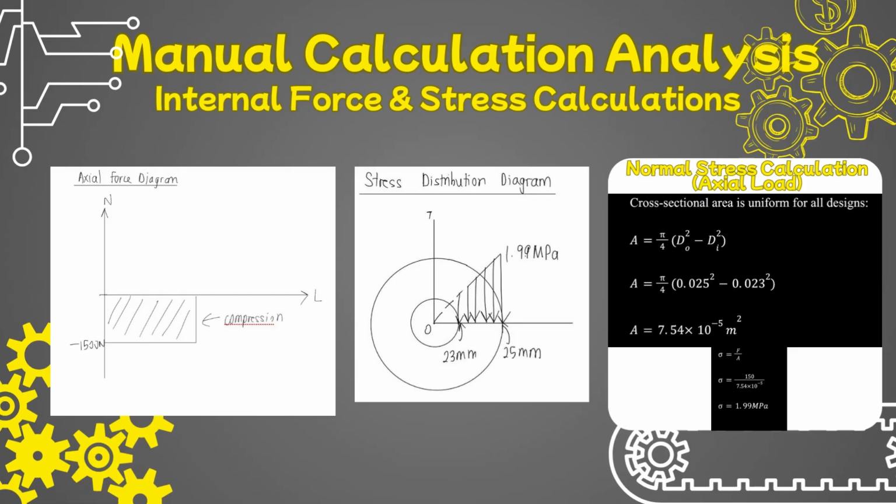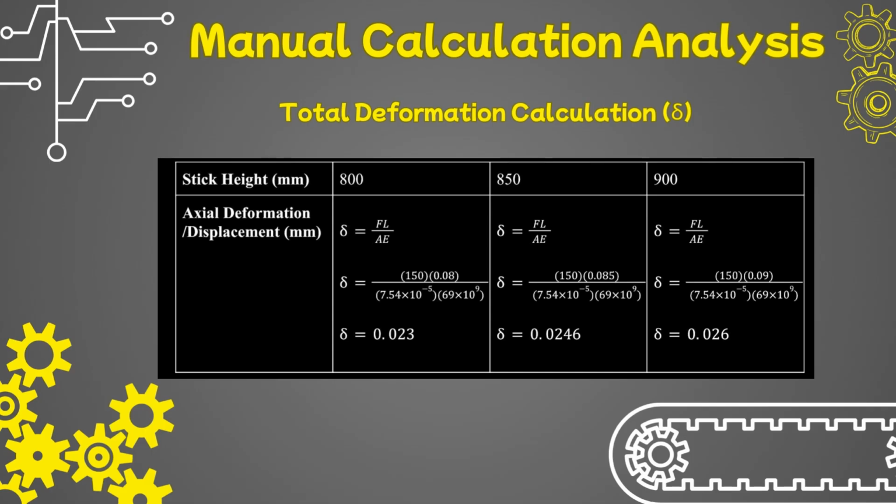To find the normal stress, we first calculated the cross-sectional area using the hollow circle formula. With an area of 754 times 10 to the power of negative 5 meters squared, we determined that the stick experiences a uniform compressive stress of 1.99 megapascals. Since the cross-section is uniform across all three height variants, this stress level remains identical for all designs. While the stress is constant, the deformation, or how much the stick physically compresses, changes with height.